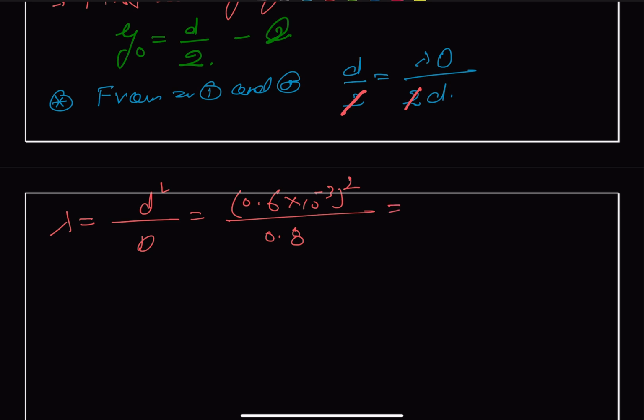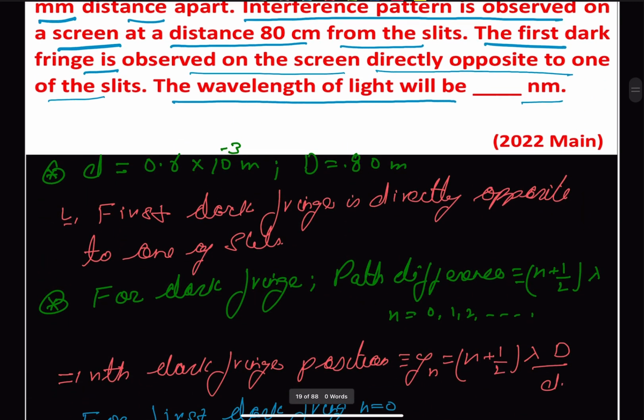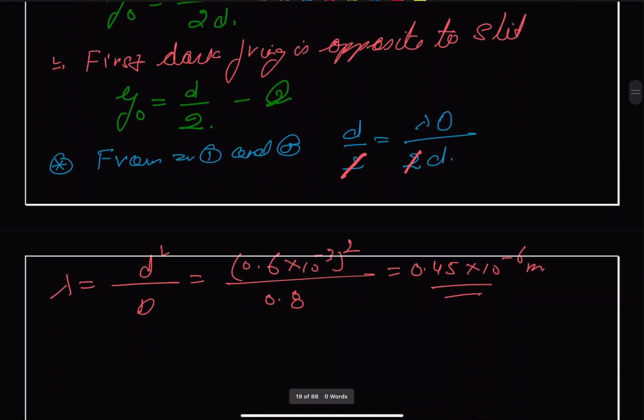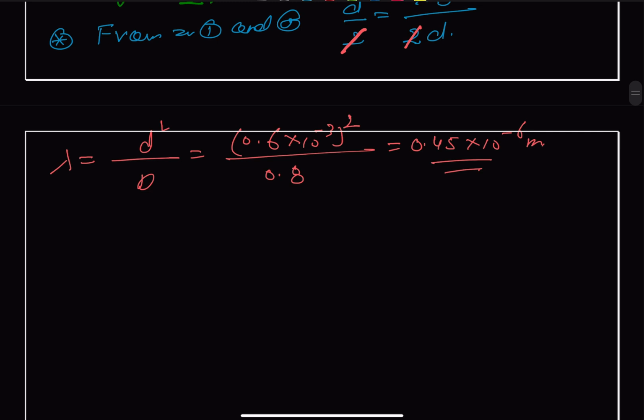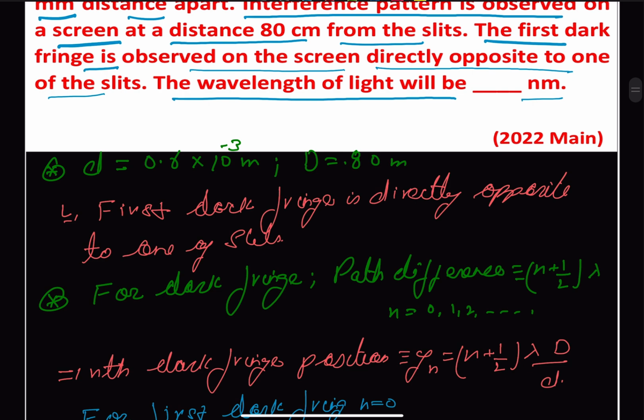So this comes as 0.45 into 10 to the power minus 6 meters. Oh, it is asking nanometers. So our wavelength will be equal to 450 nanometers. So its answer is 450.